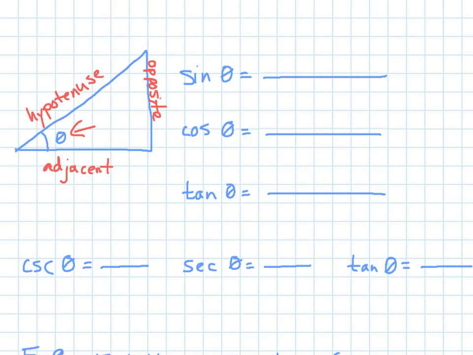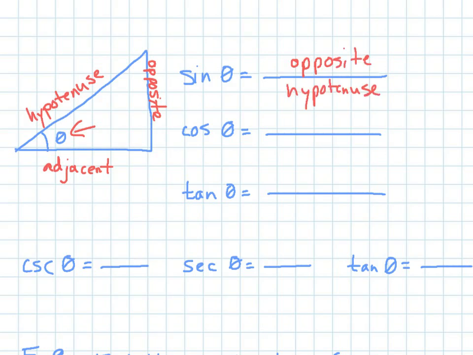The side that's closest to or connected to your angle that's not the longest side is the adjacent side. And then the longest side of your triangle is always called the hypotenuse, no matter where your angle is.